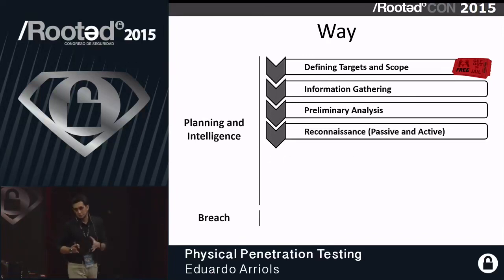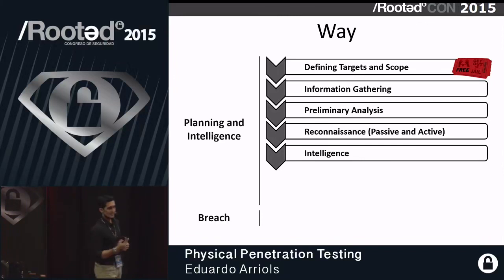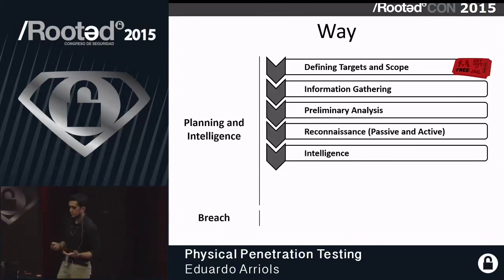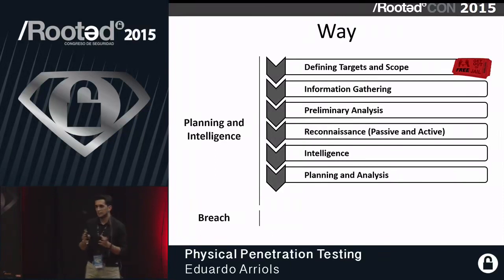Then we have the recognition part, which is passive. You don't even need to go into the environment, and then the active recognition, where you need to go inside the environment. Then the intelligence part, when you do analysis, when you apply some intelligence tasks. Then planning and analysis.